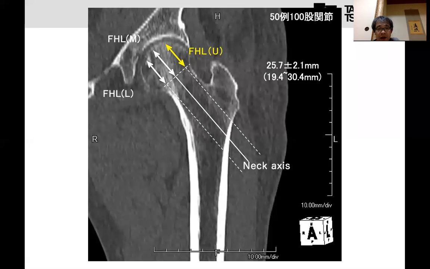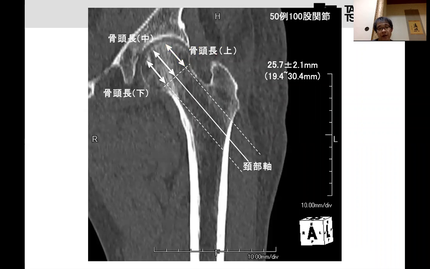The upper one was around 25 millimeters, and the middle one is around 3 centimeters. The lower one was again 25 millimeters.